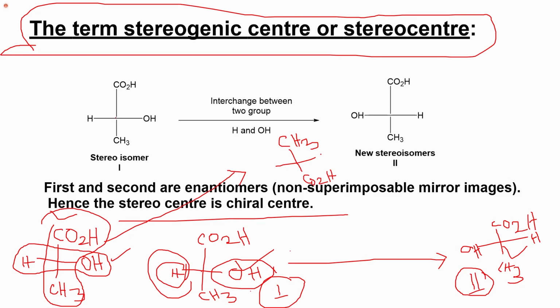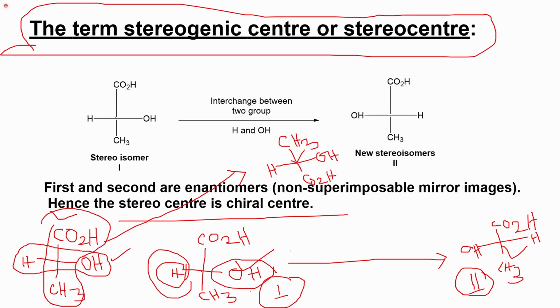OH and hydrogen are fixed now. We still have the four different atoms, but in one case CH3 was below, and in this case CH3 is above. So we are generating one new stereoisomer. In this way, we can also say this carbon is a stereogenic center or stereo center.